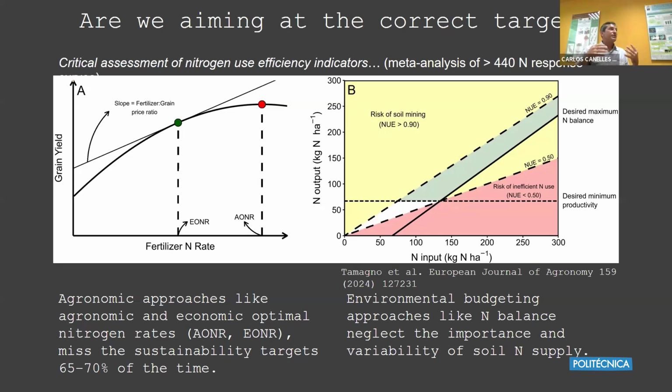But big picture is when you actually take those kinds of aggregated metrics and apply them to an individual field, they rarely are correct. In fact, only 35% of the time are they correct. Most of the time they were wrong because they're based on aggregated data, and individual fields happen in a disaggregated way.